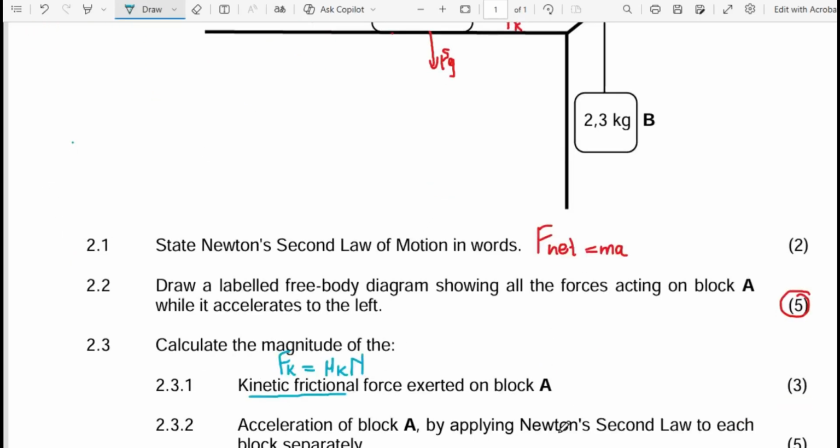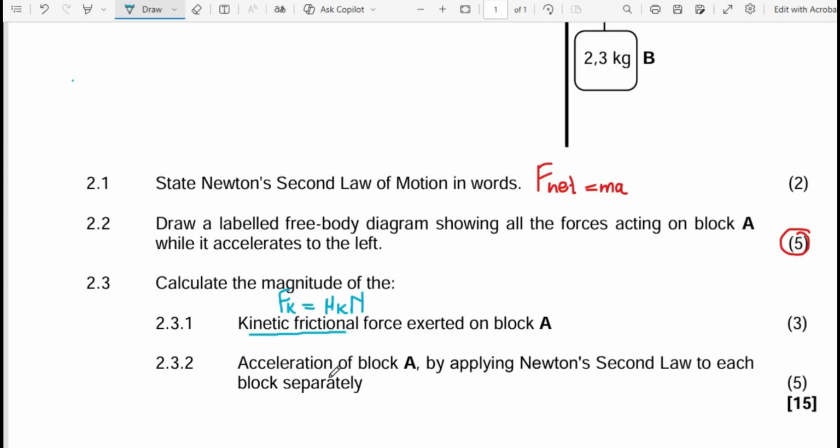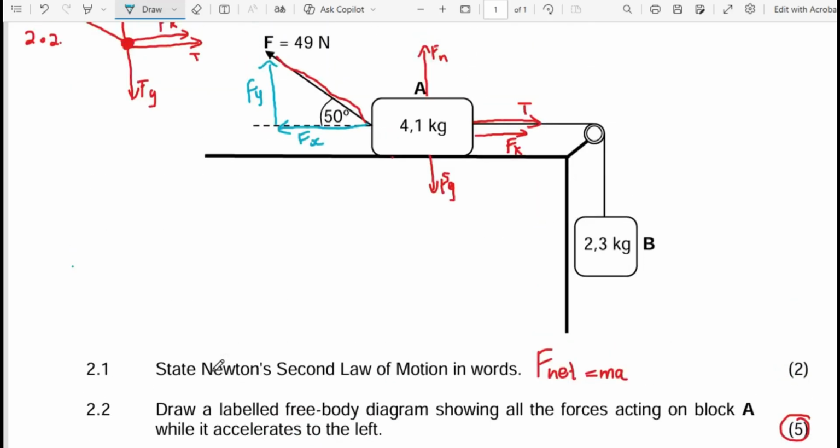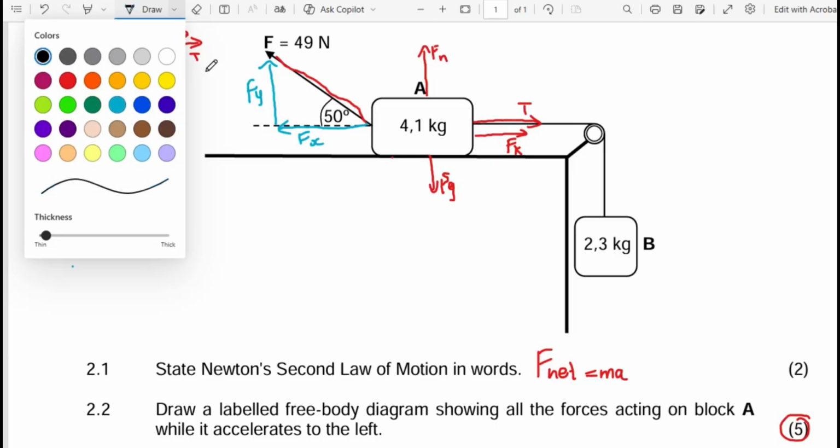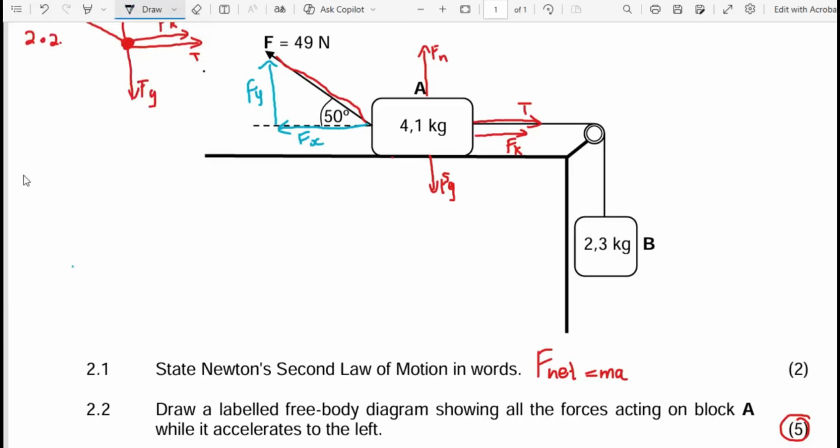So to answer that 2.3.1, look at what I'm going to do here. First things first, I draw all my vertical forces, Fy. Let's indicate another one, which is my normal force.